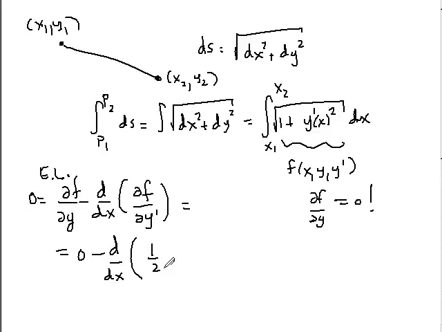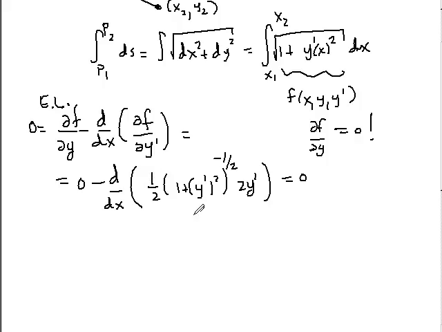Well, it's 1/2, 1 plus y prime squared to the minus 1/2 times 2 y prime. Now, there's no y double prime on here because I'm not differentiating with respect to x. I'm differentiating with respect to y prime. But if you look at this, this says the derivative of this equals 0. So what's inside is a constant. So y prime over square root of 1 plus y prime squared is a constant.